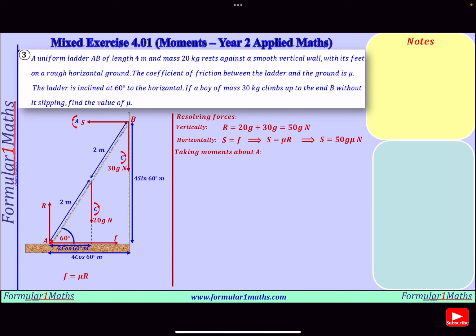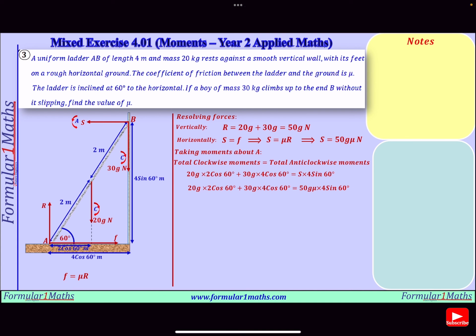Again, we do not want to use negative moments and positive moments, so we're going to say total clockwise moment is equal to total anti-clockwise moment. And that means 20G times 2 cos 60 plus 30G times 4 cos 60 is equal to S times 4 sine 60. If you replace S with 50G mu, you get this equation here.